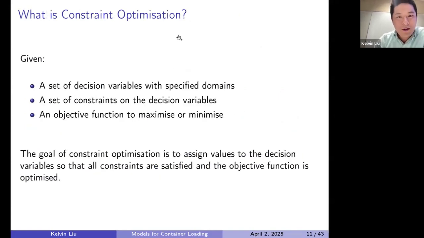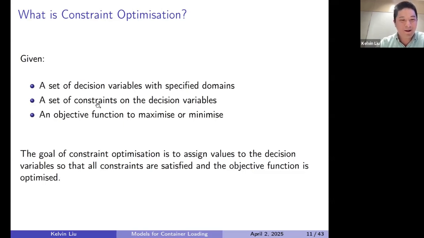Okay, so what is constraint optimization? Given a set of decision variables with specified domains and a set of constraints on the decision variables, I'll also have an objective function that I want to maximize or minimize. In the case of the container loading problem, it's usually trying to maximize the volume occupied by boxes.